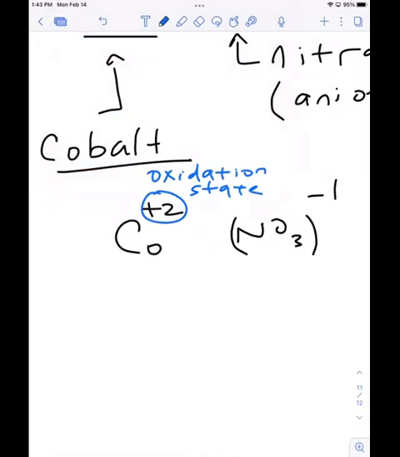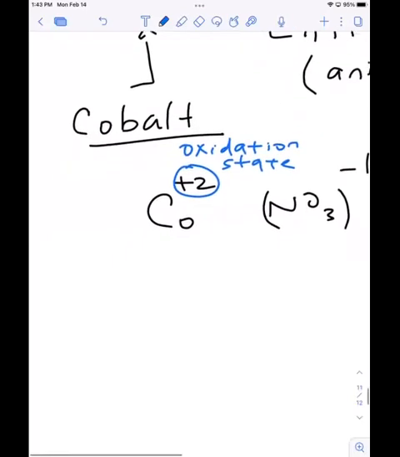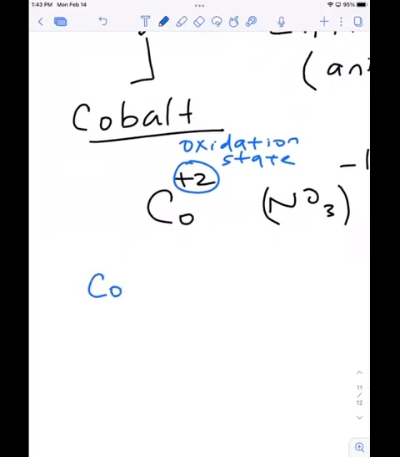That's the number of electrons that were lost to get to that charge, because when something is oxidized, it loses. We haven't talked about it yet, but we'll get to it. Oxidized means you lose electrons. Reduced means you gain electrons. So cobalt can actually exist as cobalt +1 or cobalt +2. So it's got two oxidation states.